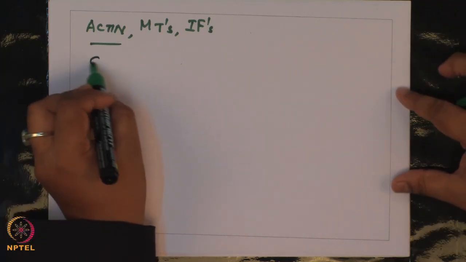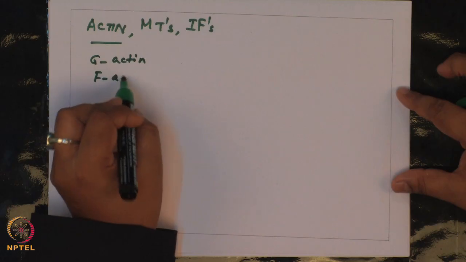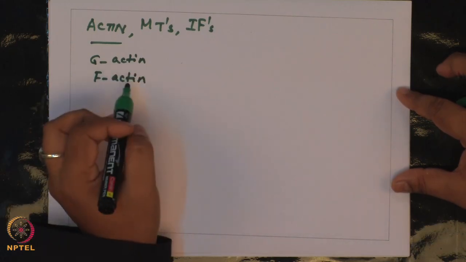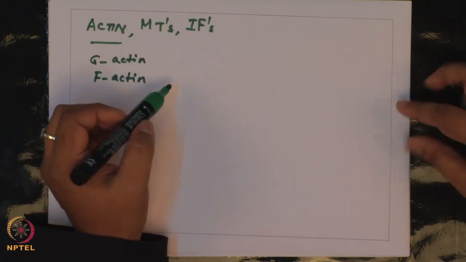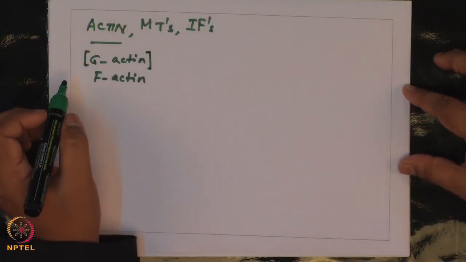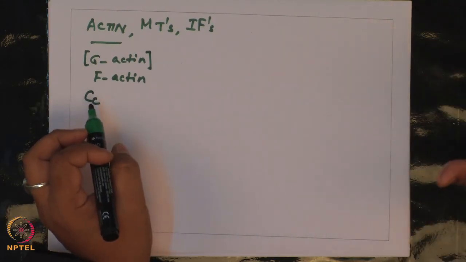We have two pools of actin, G actin and F actin. F actin filaments are formed by polymerization of G actin, and the ability to form filaments is dictated by the concentration of G actin. Below a critical concentration you will not have any filaments.